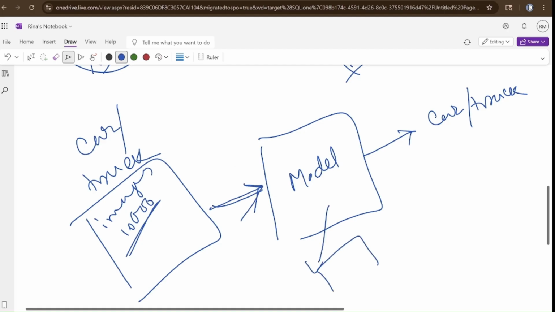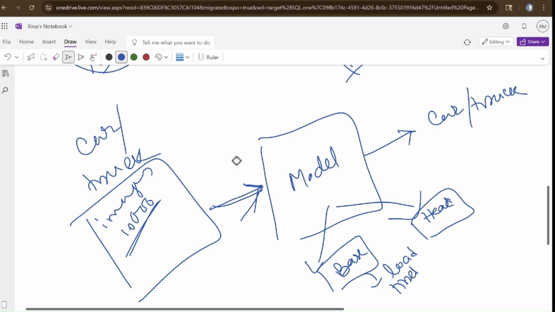In the model, you have base, you have head. This is the base part, this is the head part. Base part, you have to just load, which is already pre-trained. You don't have to do anything else. But in the head part, you have to create your model. You have to create your neural network, and then you will classify whether it is a car or a truck.